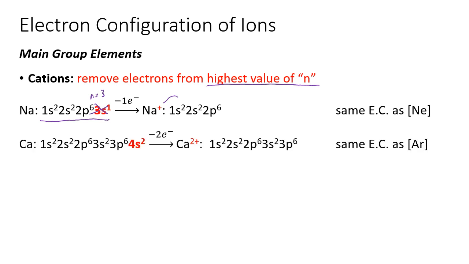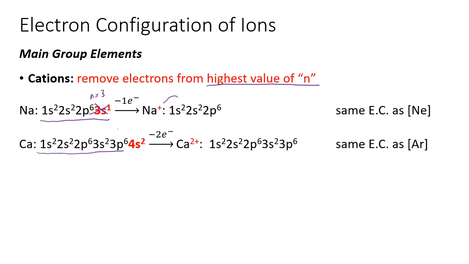So if we look at calcium, for example, calcium's full electron configuration is 1s2, 2s2, 2p6, 3s2, 3p6, 4s2. And calcium is a group 2A metal. And we know that group 2A metals always form a +2 charge. Well, why do they always form a +2 charge? Because they have 2 valence electrons in their highest value of n.